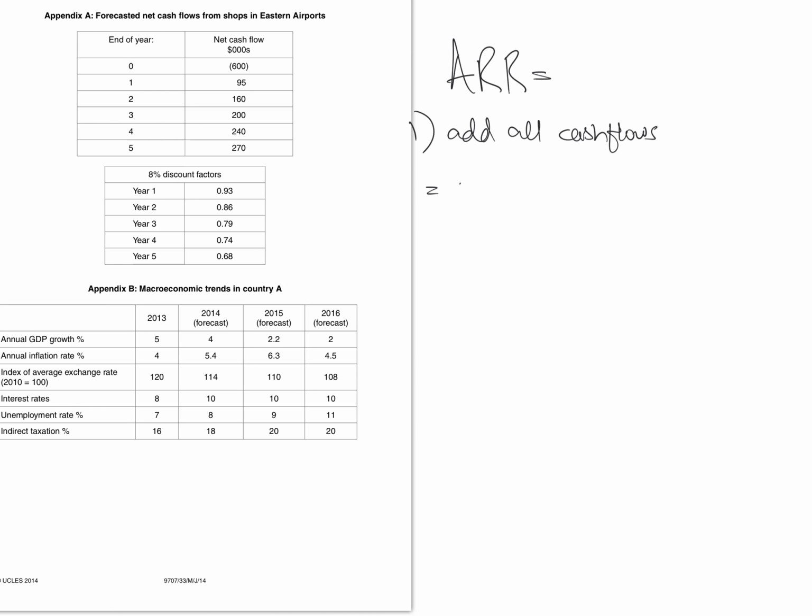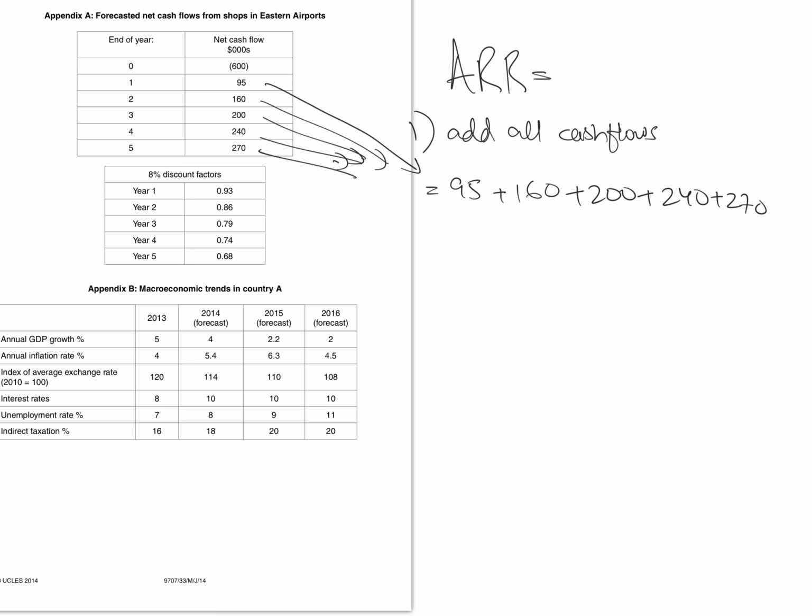This would mean 95 plus 160 plus 200 plus 240 plus 270, which comes out as 965. So this is the total amount of inflow that you have.